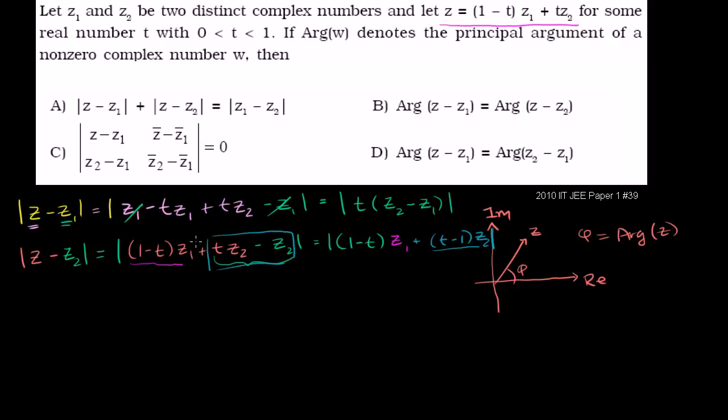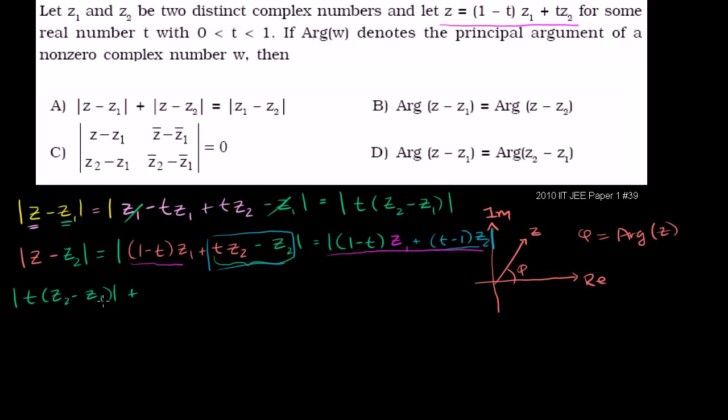Now let's see what happens when we add this thing to this thing. That's what choice A is doing. Let's see if we can simplify it. So this becomes the magnitude of t times (z2 minus z1), plus this thing over here.